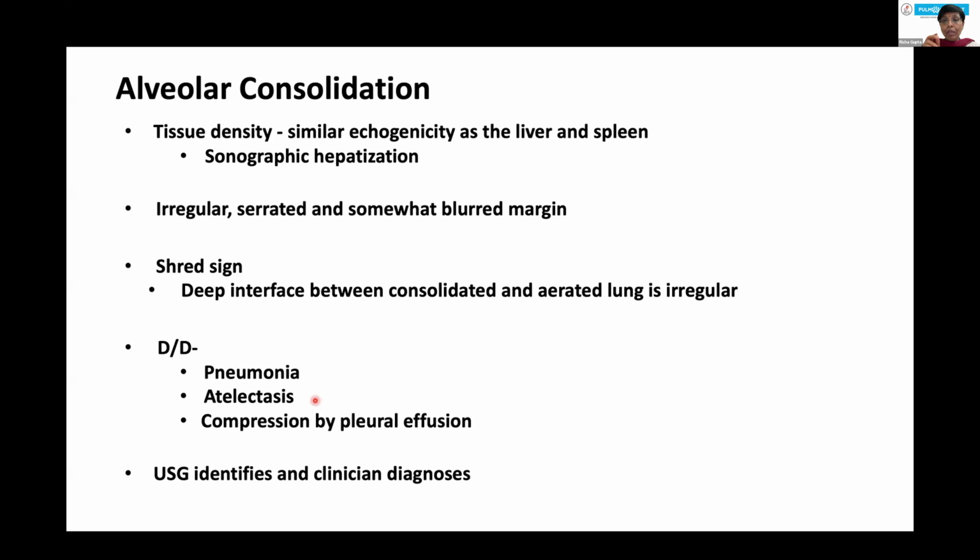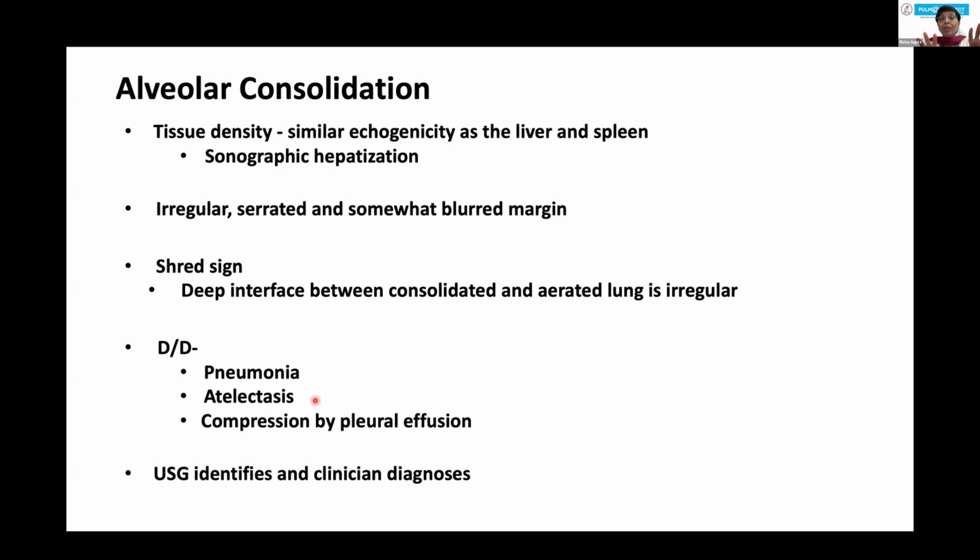Irregular serrated margins: if it is a peripheral consolidation, then the pleural line will also appear serrated. The shred sign is when the deep interface between the consolidated and the aerated lung looks irregular. I will show you. Now, when you have something like that, the differentials would be pneumonia, atelectasis, or compression by the pleural effusion. Here is where the ultrasound fails.